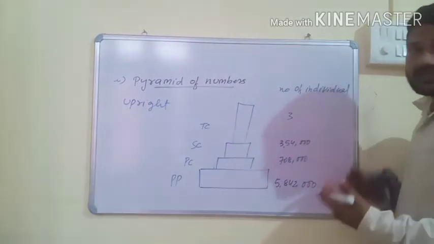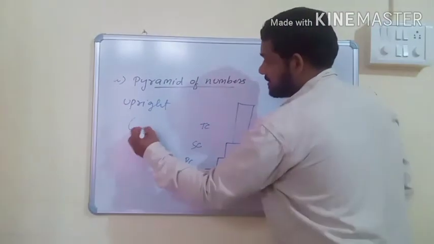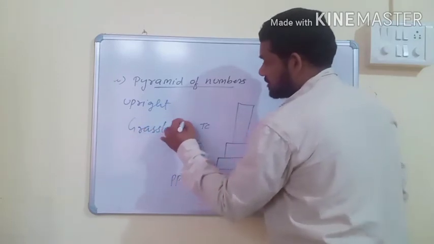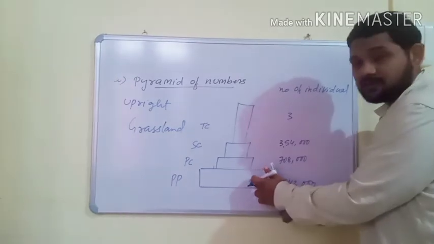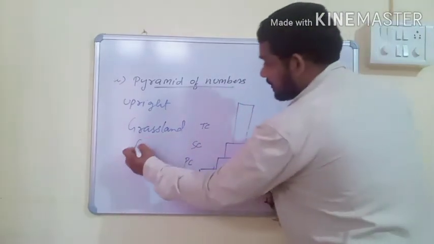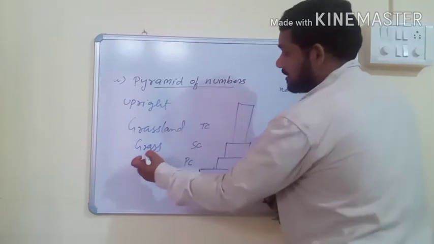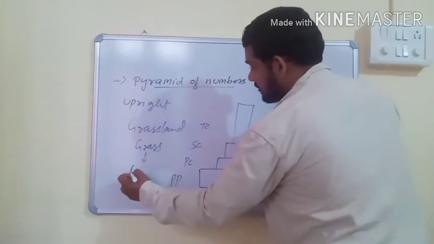If you take an example, if you observe a grassland ecosystem, a large number of plants occur at producer level. A large number of grass plants support a few number of grasshoppers.